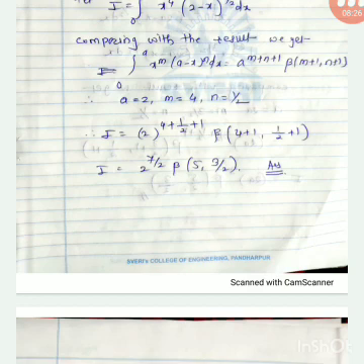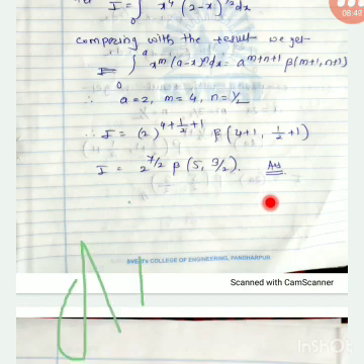What is m? The power of the single x. And n is the whole bracket power, half. Put all these values in the RHS, that is 2 raised to 4 plus half plus 1, beta of 4 plus 1, half plus 1. This is the answer. If you want to simplify more, we can use the relation between the beta function and gamma function, and simplify as in the previous example we have solved.